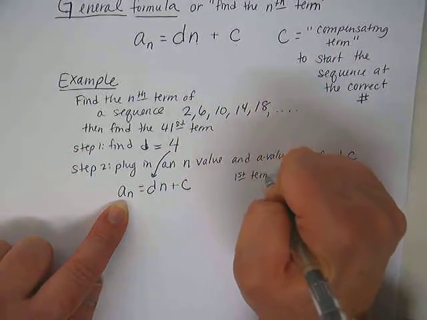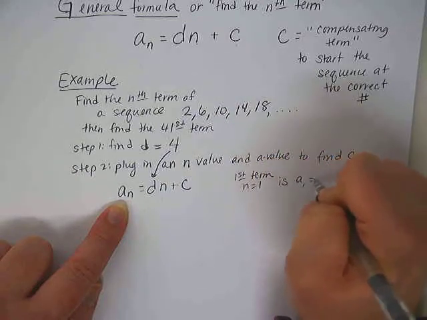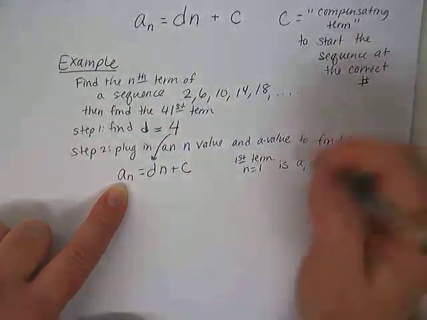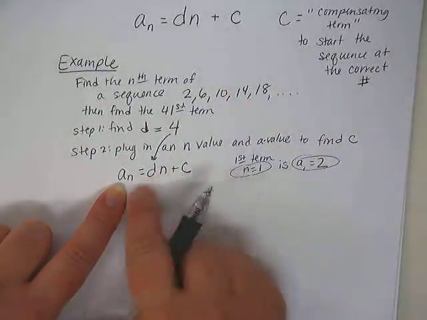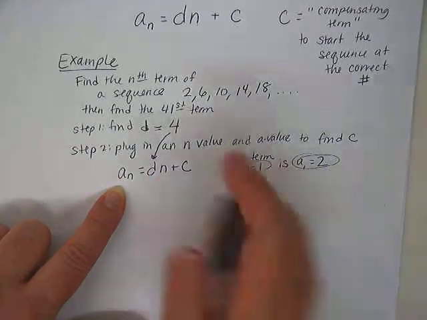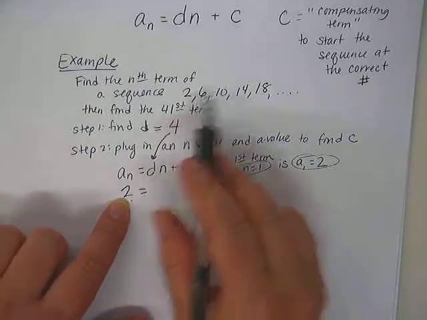And let's plug our 4 in here, and plug one of our sequence terms in here. So how about if we just use the first term? So the first term, n equals 1, is a sub 1 equals the first term of the sequence, 2.